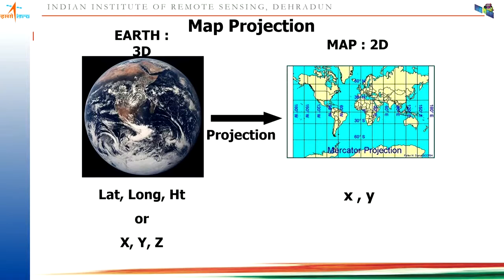So now we have moved to another part, which is the map projection. Till now we were discussing the three-dimensional concept of the earth, how to fit a model onto the earth, and how we are deriving the latitude, longitude, or x, y, z onto the earth's surface.